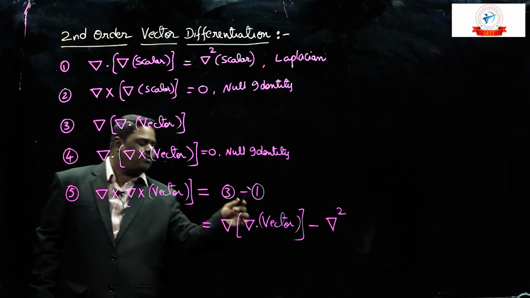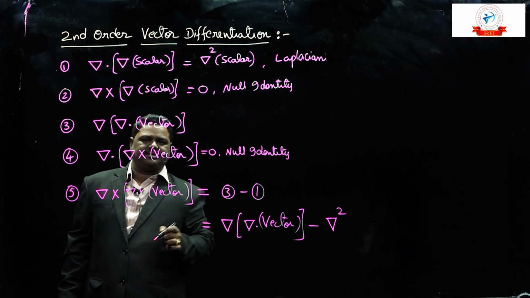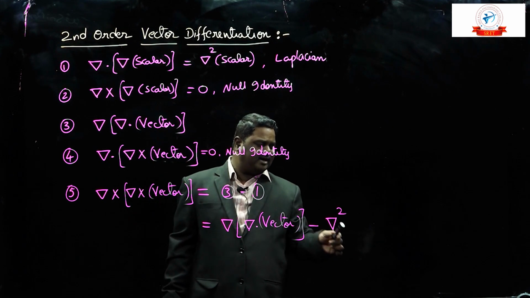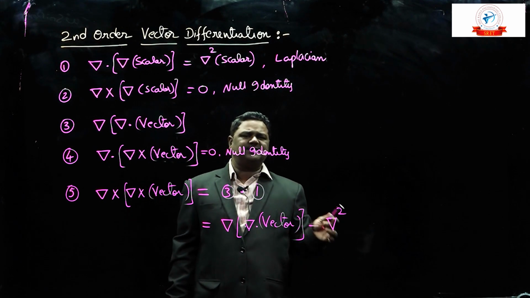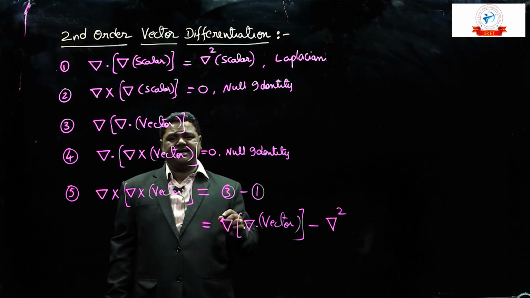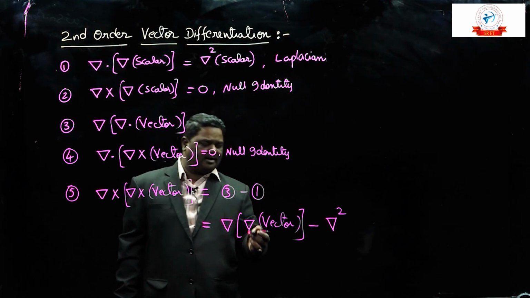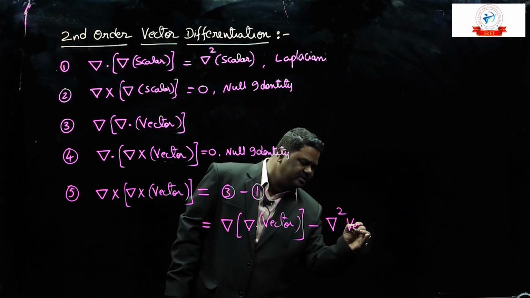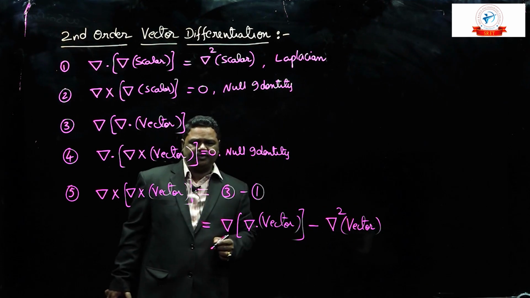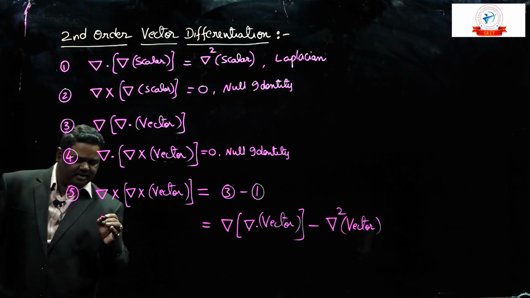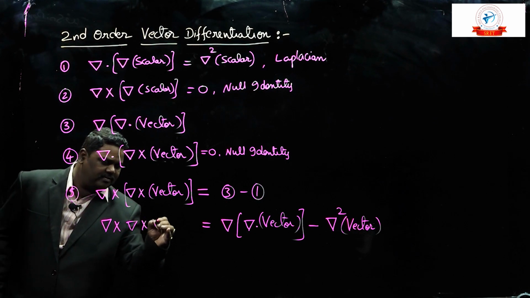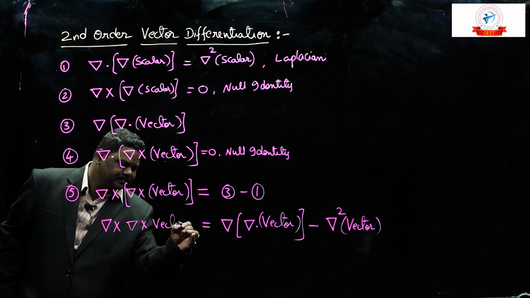So the right side quantities should also be vectors. If you want to get this term as a vector, I should apply Laplacian on vectors or scalars? I should apply only on vectors. Laplacian of a vector will give us again a vector. That's why it is Laplacian on a vector. So this is the equation for curl of curl of any vector.